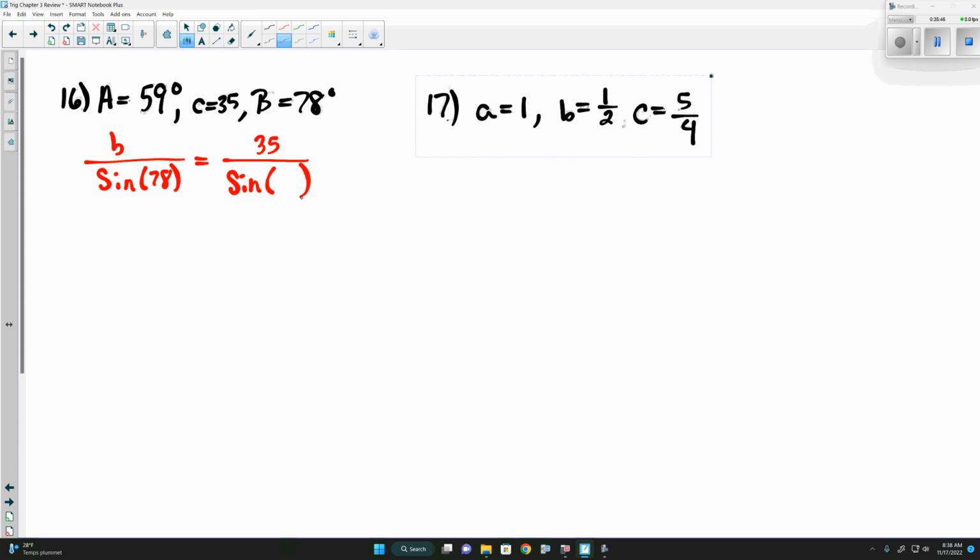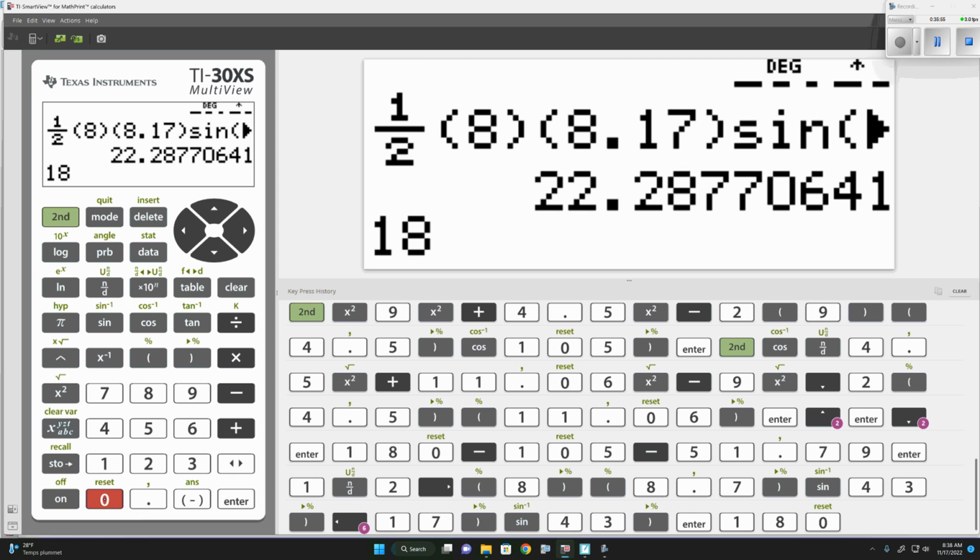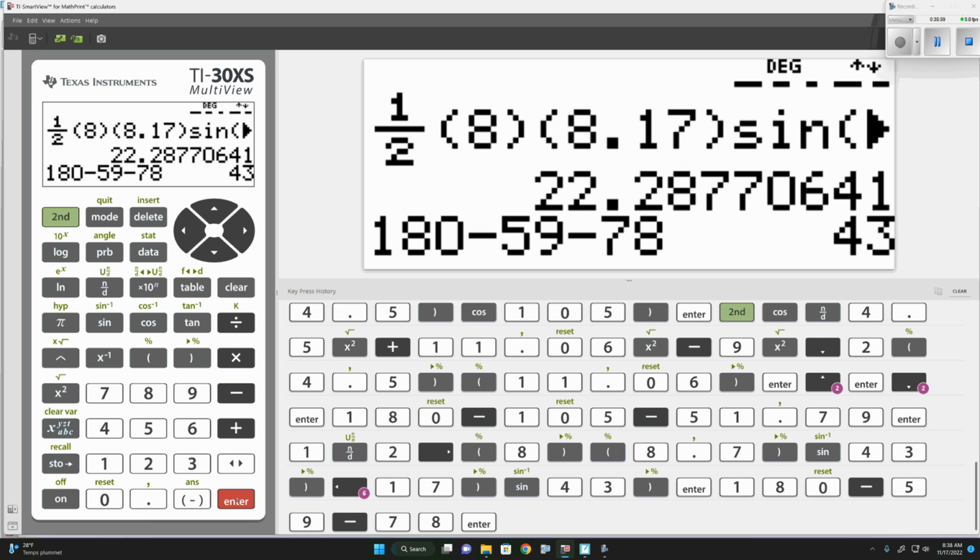Any three angles in a triangle add up to 180. So with 59 and 78, I can say 180 minus 59 minus 78 and get 43. Questions on how we found angle C?